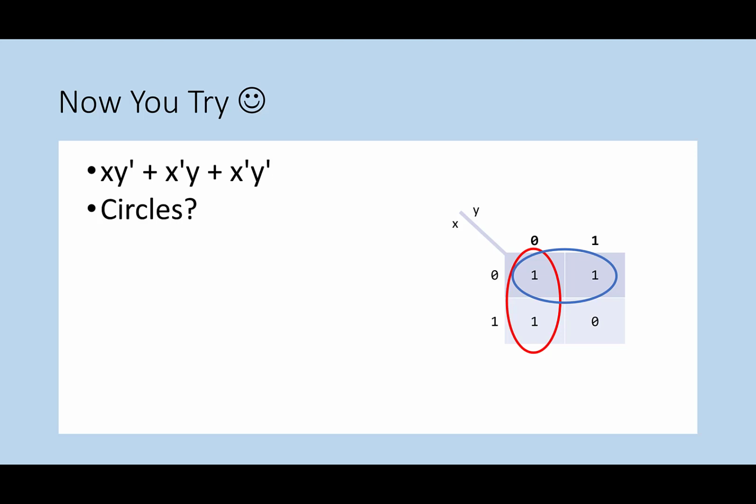Notice on the blue that whenever x is 0, y doesn't matter, right? In this particular spot, x is 0, y is 0. In this spot, x is 0 and y is 1, and you still get a 1 either way you look at it. So this will reduce down to the red, which is y bar, and the blue, which is x bar. Those two right there, that's it.